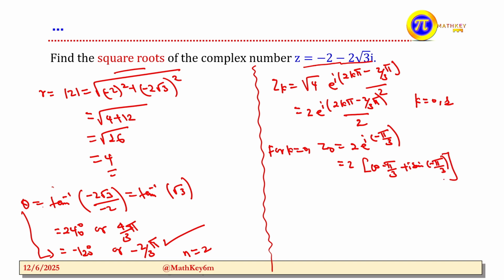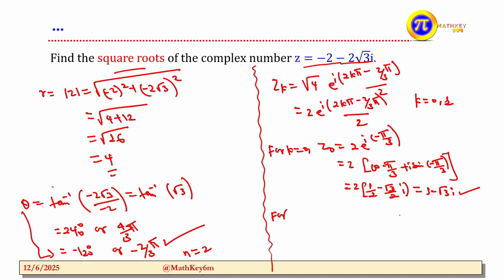Cosine is an even function, so it has the same value as cos 60 degrees, which is half. But sine is an odd function, so sine of negative 60 degrees is minus root 3 over 2 i. For the result, we can take half common, which equals 1 minus root 3 i. This is one of the roots.